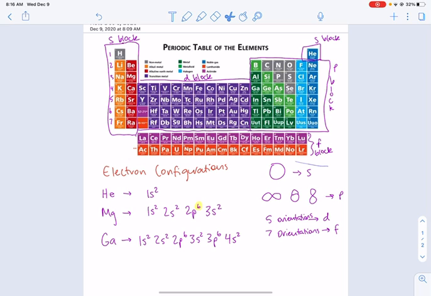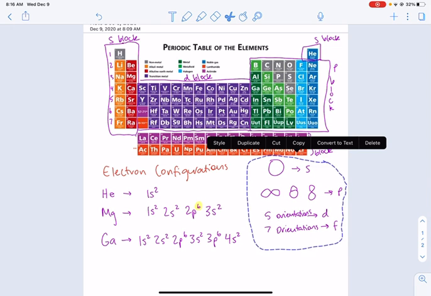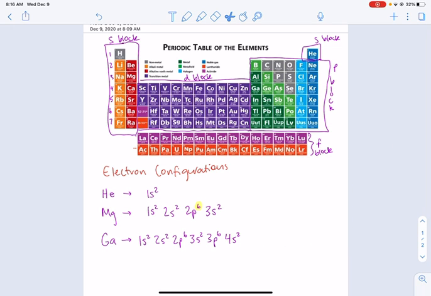But remember that when we start with the d orbitals, even though they occur on the 4th period, you actually start numbering them 1 period behind, right? So 3d10, that's gotten us to zinc here, and then gallium would be 4p1.